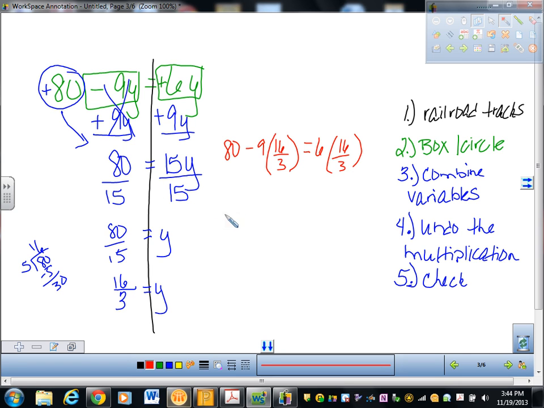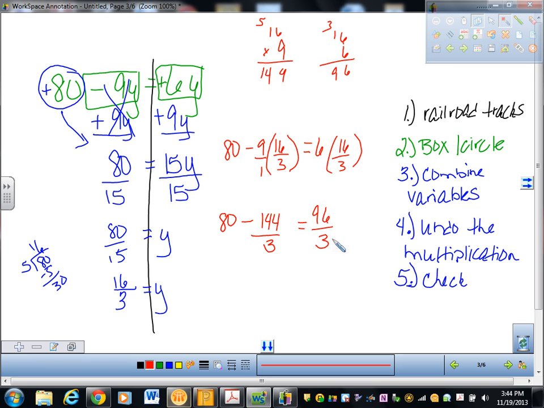Well, I've got 80 minus 9 times 16. 9 times 6 is 54. Carry the 5. 9 times 1 is 9, plus 5 is 14. So that's 144 over 3, because I had that 1 there, equals 16 times 6 is 96.